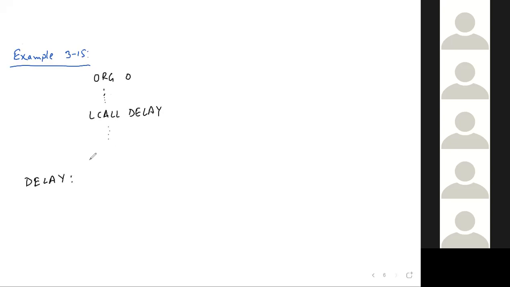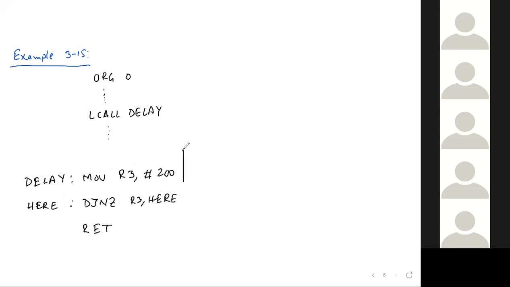Say the delay subroutine looks like this. MOV R3, 200. And since it is a subroutine, there must be a return instruction.